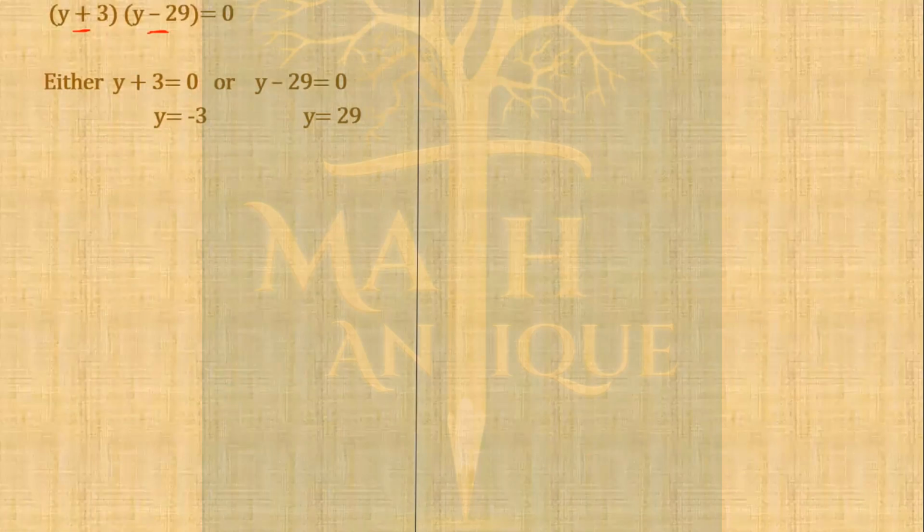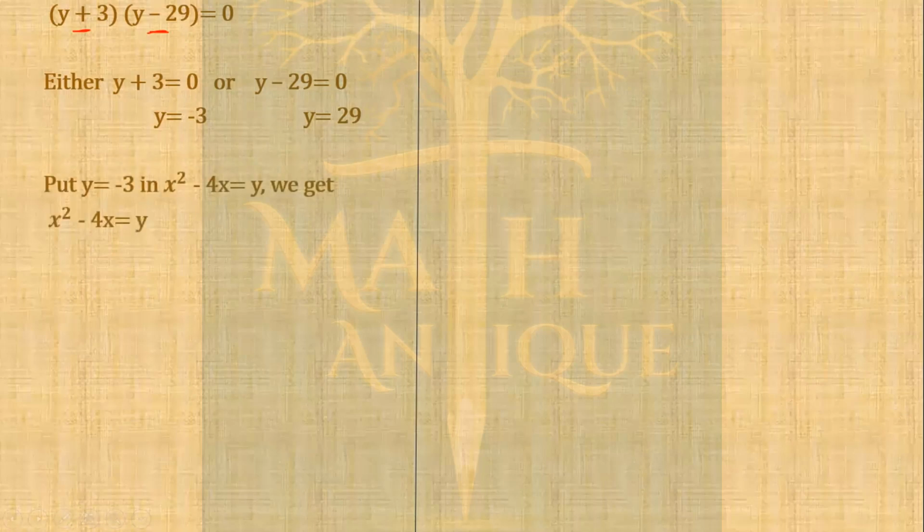Now we need to find the value of x which was given in the question. So now we will substitute the value of y back so that we can find x. Put y equal to minus 3 in this, x square minus 4y is equal to y. This is our supposition. Put the value of y as minus 3 in this.